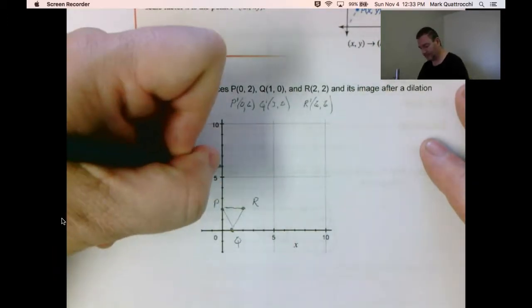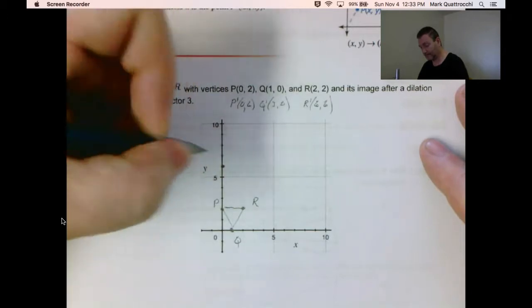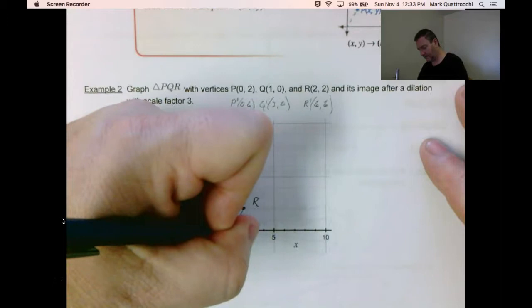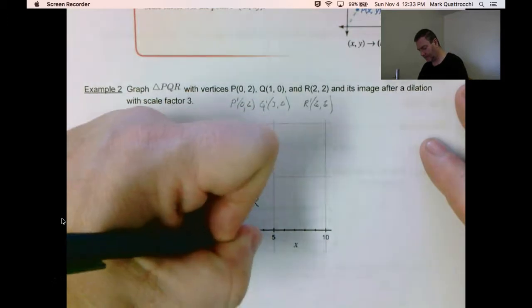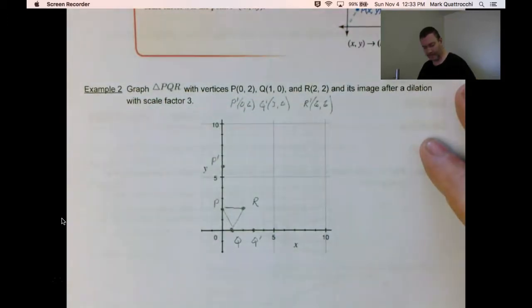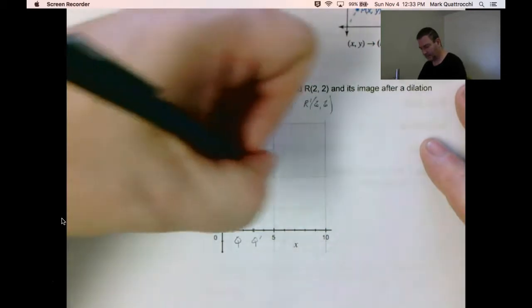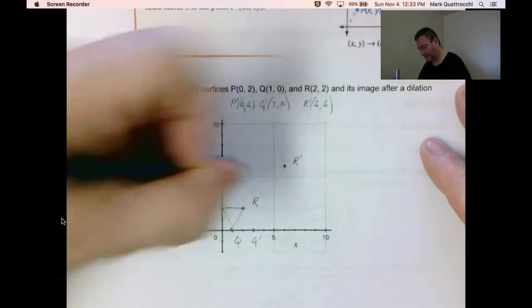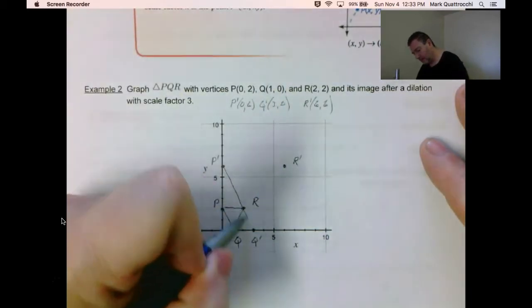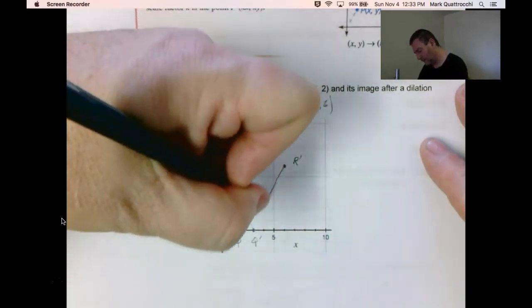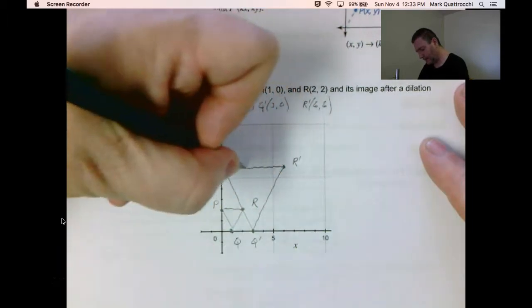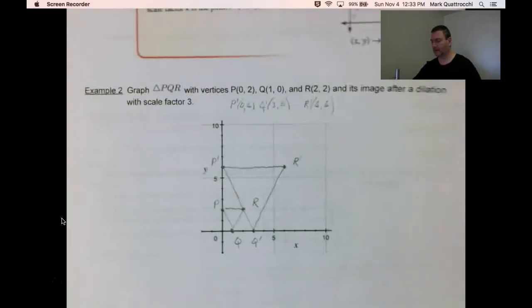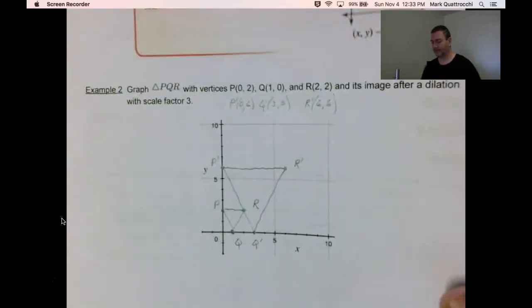P prime, Q prime, R prime, giving me triangle P prime, Q prime, R prime right here. And that is our dilation with scale factor 3.